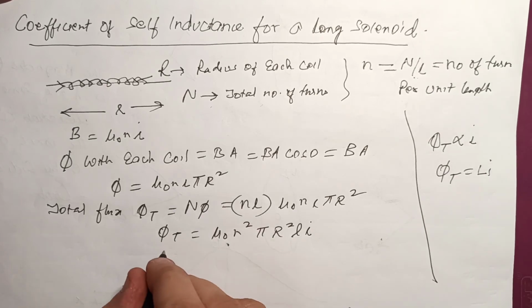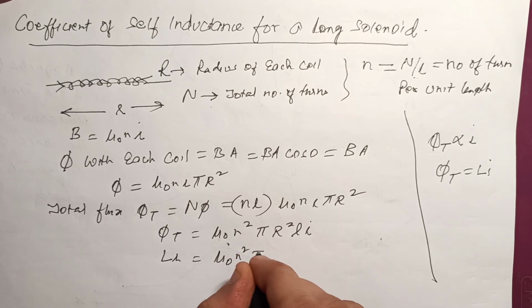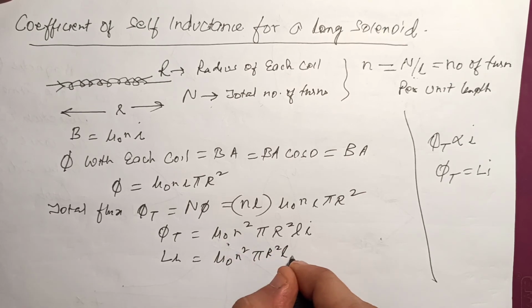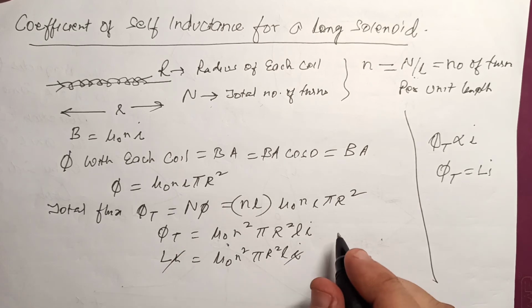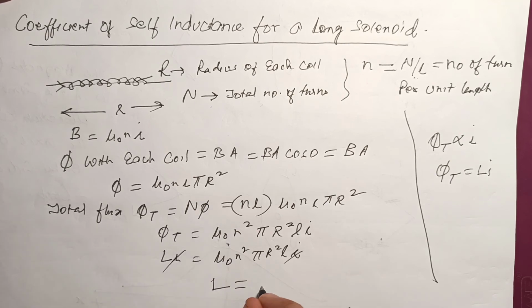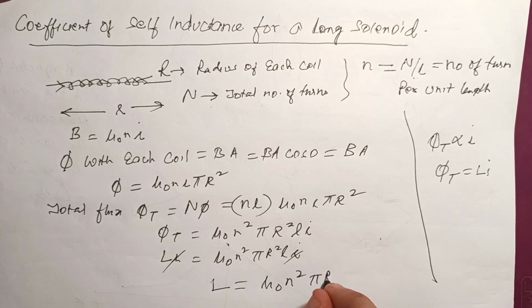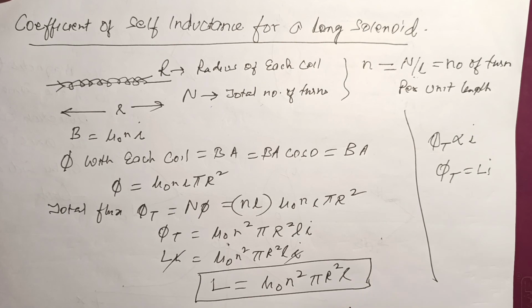Let's replace this here. So L i is equal to mu naught n square pi r square L i, right? Now if we deduct it, i gets cancelled and we are left with L is equal to mu naught n square pi r square L, right?